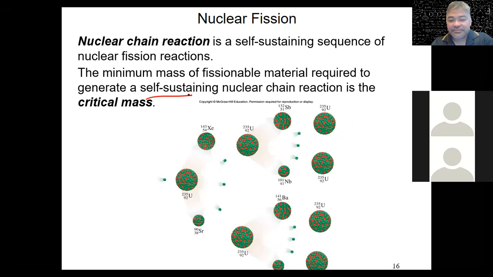Okay? Now, this has been the basis of the atomic bomb. The one that they dropped in Hiroshima, Japan, had uranium material, U-235. It's equivalent to 15 kilotons of TNT.